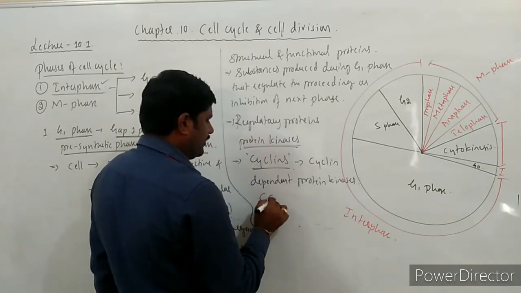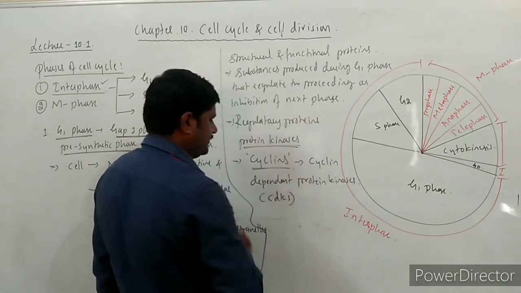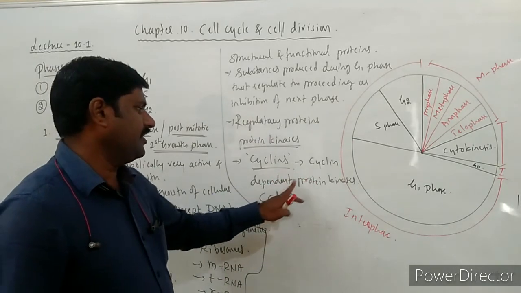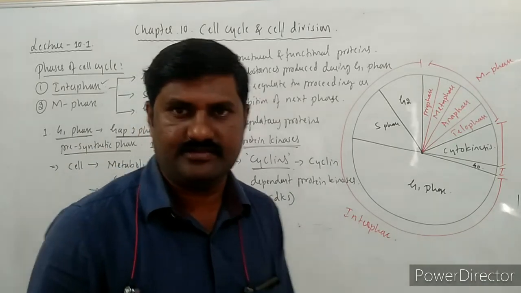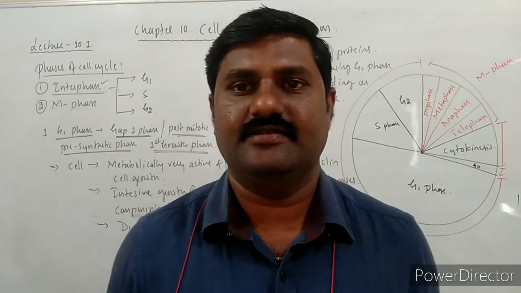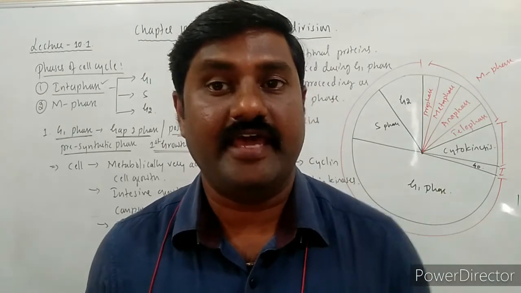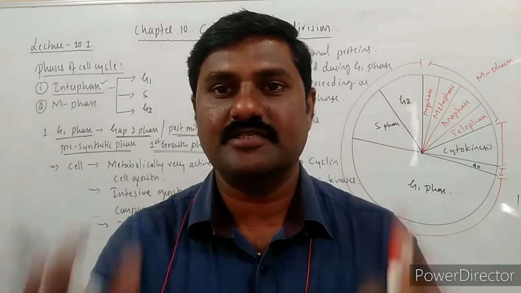They are simply called as CDK. Yes, CDKs, they are called as cyclin dependent protein kinases. These CDKs are specific for a specific phase, right? So this is the fact what you must remember.